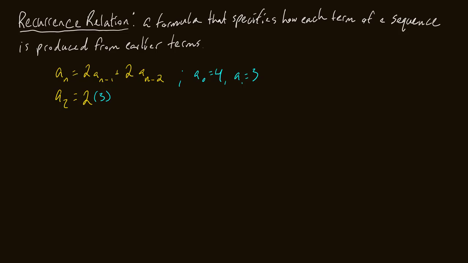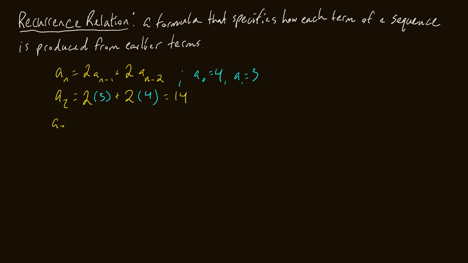And then this is going to be plus 2 times a sub n minus 2. N minus 2 is equal to 0, so we want 2 times a naught, which is 4. And so a2 is going to be equal to 2 times 3, which is 6, plus 2 times 4, which is 8. So 6 plus 8, what is that? That's 14. There you go.